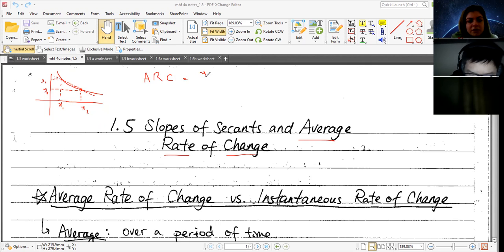So Y2 minus Y1 in the numerator, divided by X2 minus X1. So this is a slope between 2 points. You had it before. So it's basically a rise over a run.